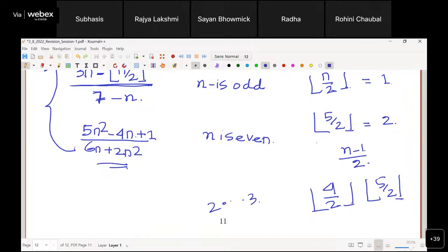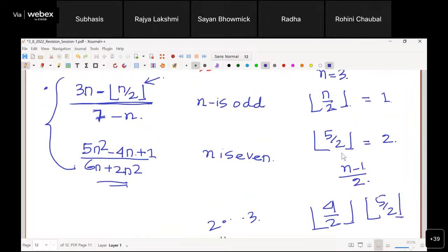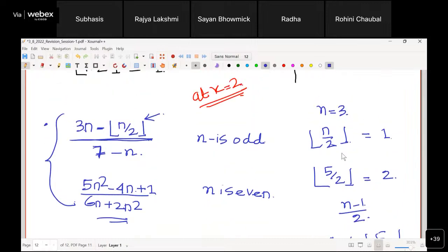So now, the only thing you need to do is replace this with n minus 1 by 2. For this specific question, yes, sir, got it. Now you are done, because you just need to get rid of this greatest integer and smallest integer sign. So now you have n minus 1 by 2.